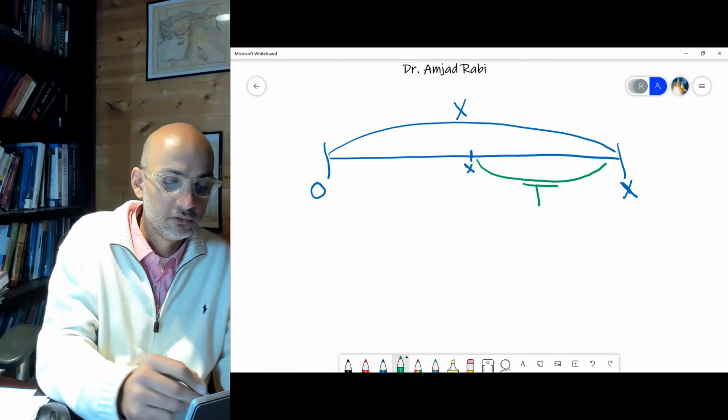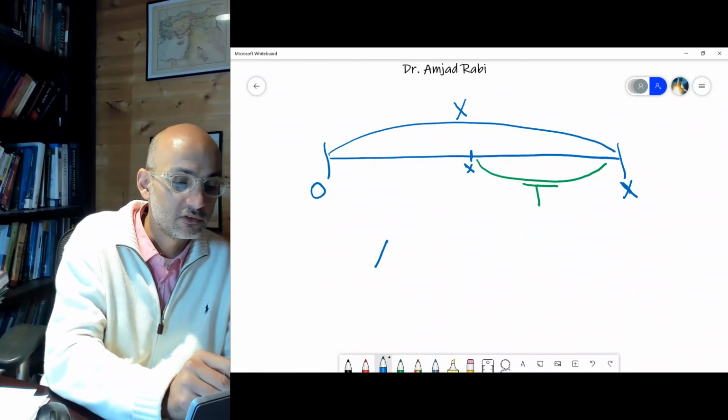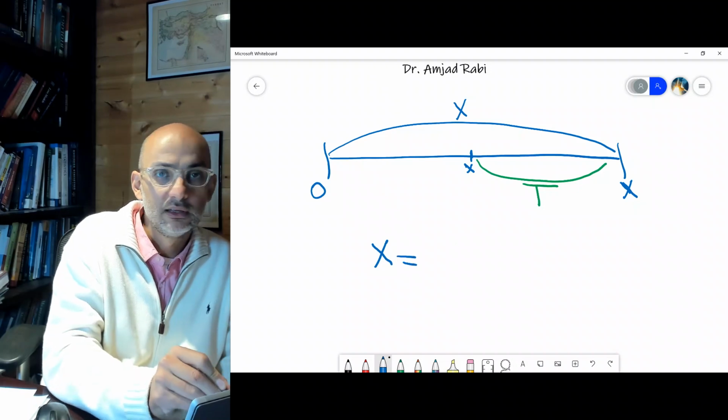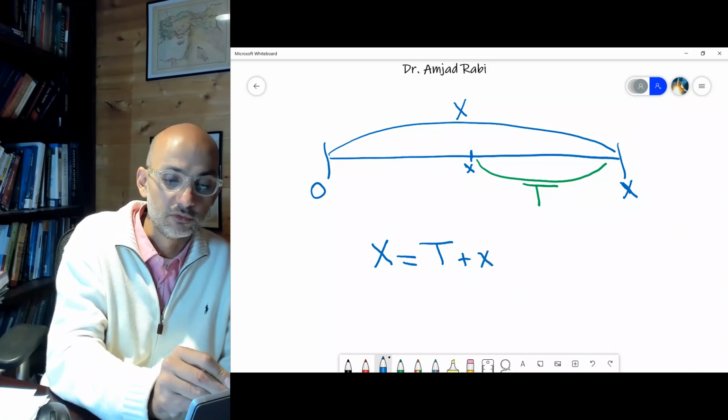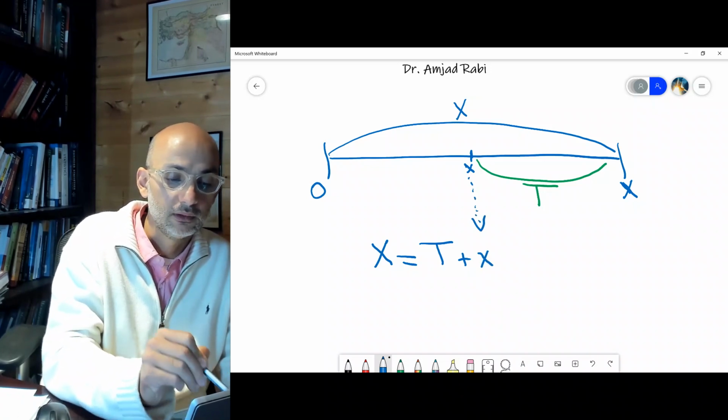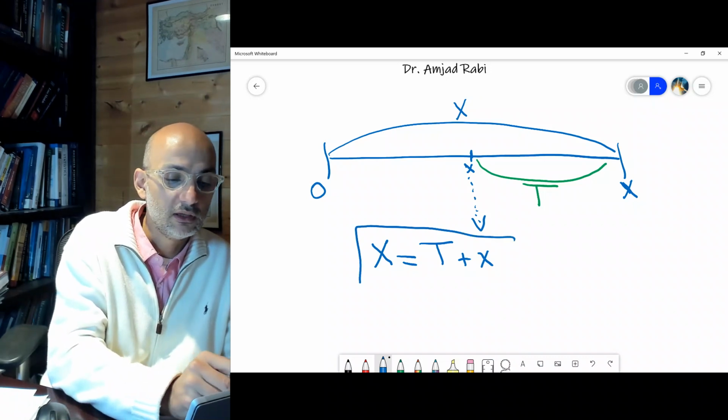Right? So if you try to look at the relationship between them, the big X is equal to T, the remaining lifetime, plus the small x. Small x is the age of the individual. This is something we need to keep in our mind.